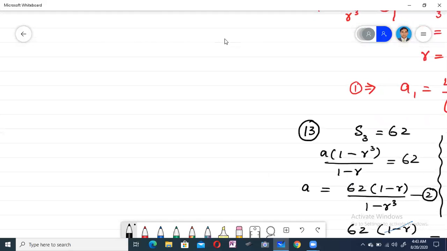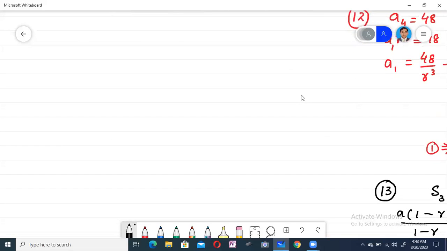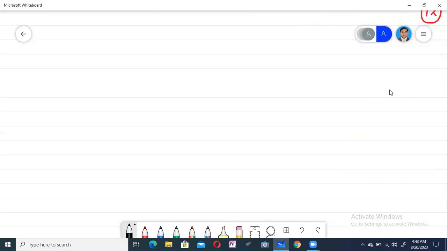Then the next question is question number 14. Question number 14 is: the first term of a geometric progression is 1 and the second term is 2 sine x, where minus pi by 2 is less than x is less than pi by 2, the domain for this function.